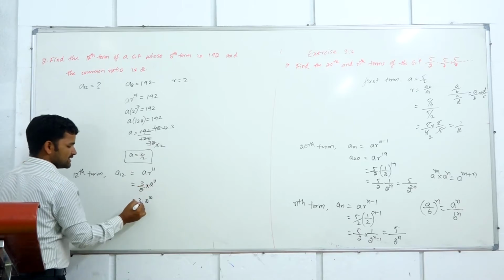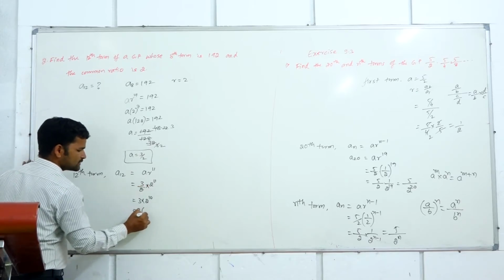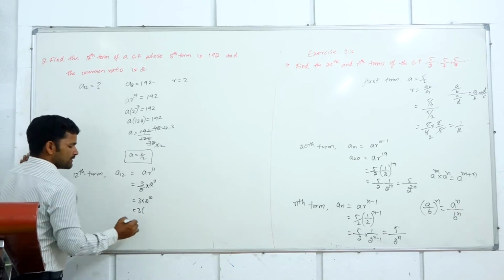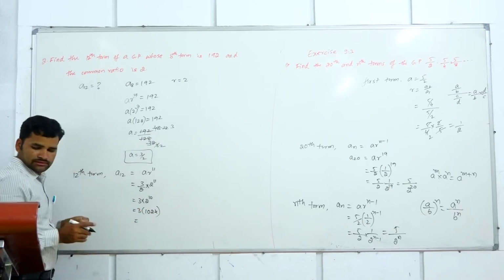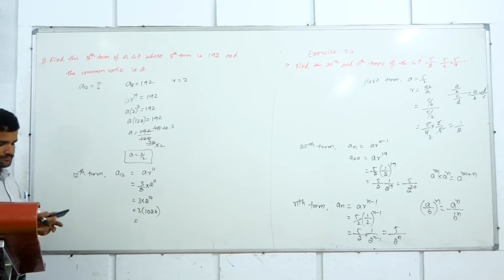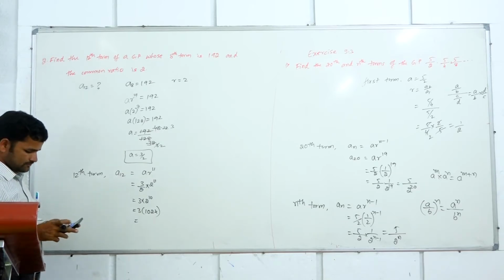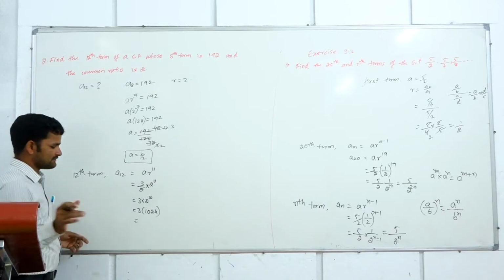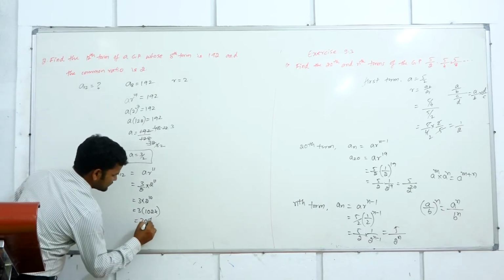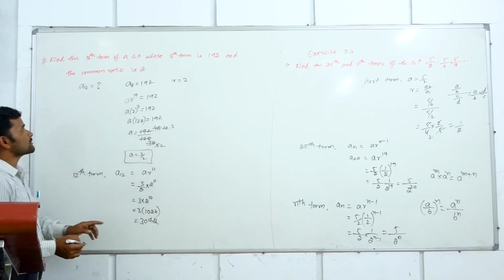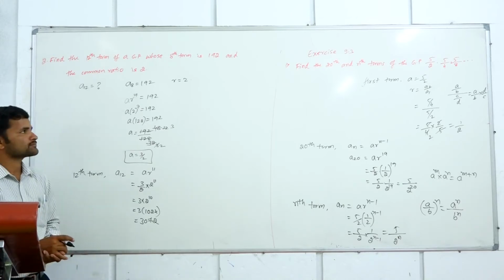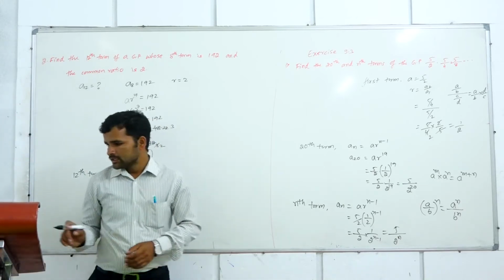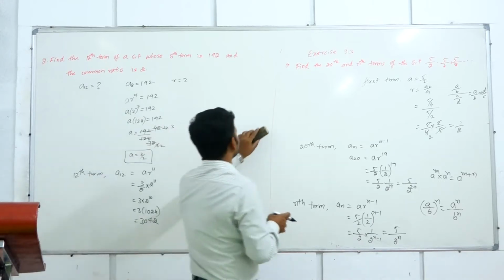This dot means into. 2 to the power of 10 value is 1024. 3 into 1024 is 3072. So the 12th term of the GP is 3072. This is about problem number 2.